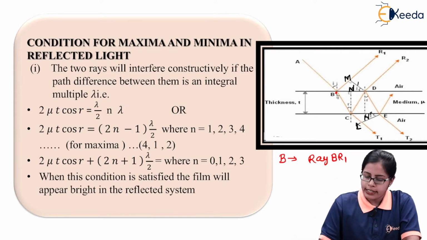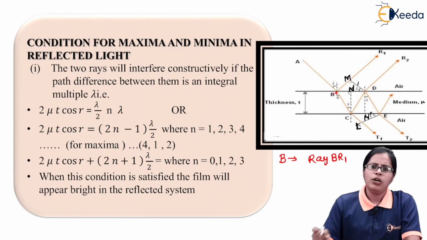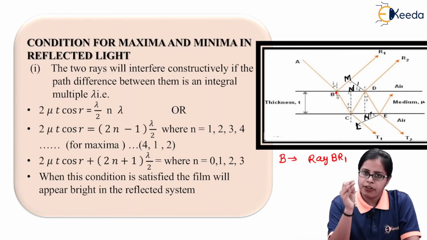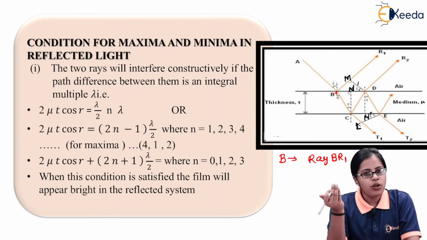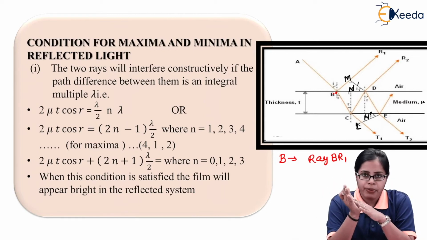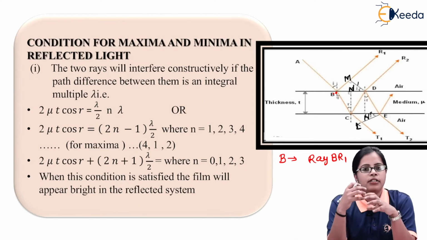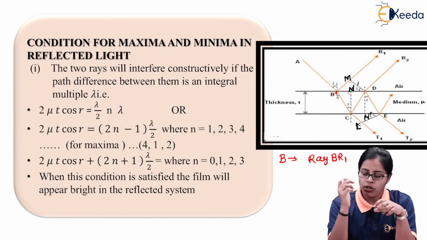As you can look at this point B, the ray BR1 is getting reflected from the denser medium. So if it is getting reflected from the denser medium, the ray BR1 is nothing but the result of hard reflection. So it will undergo the phase change of pi and the path difference of lambda by 2.